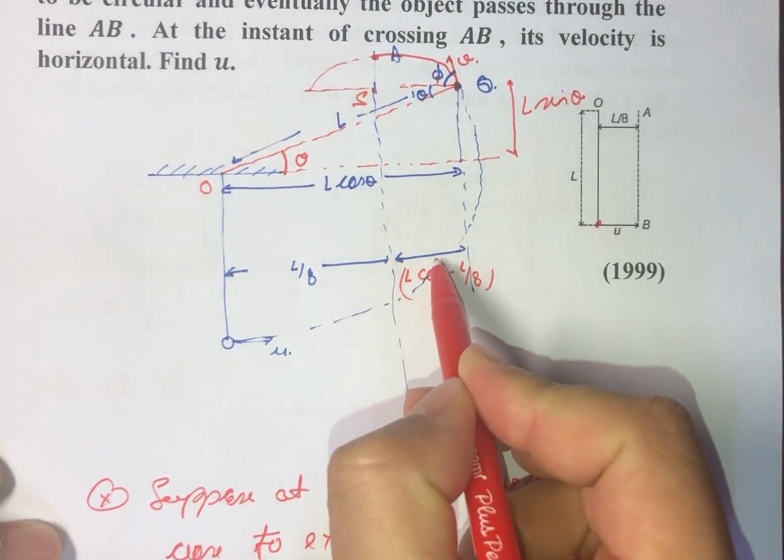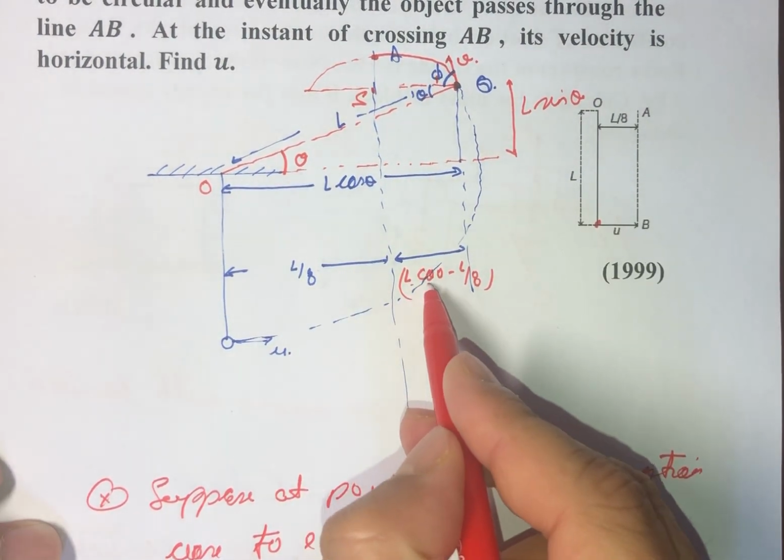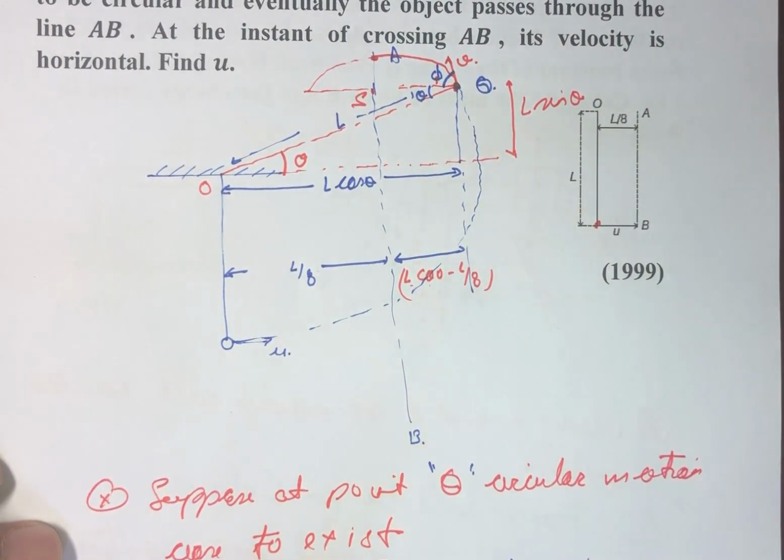We already know that this SQ is equal to L cos theta minus L by 8.